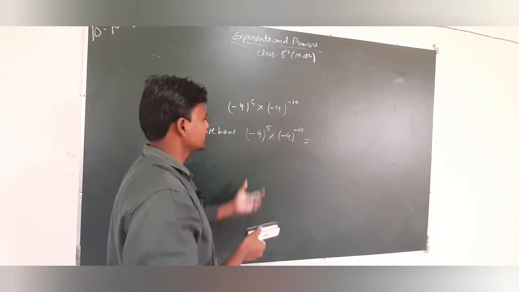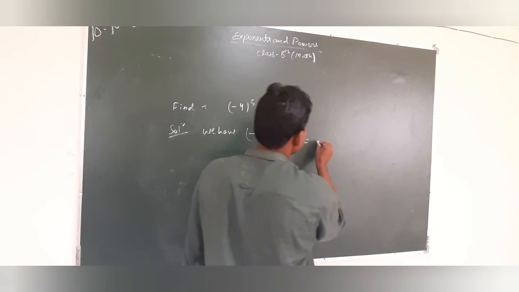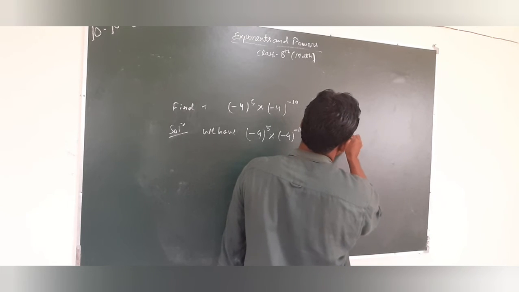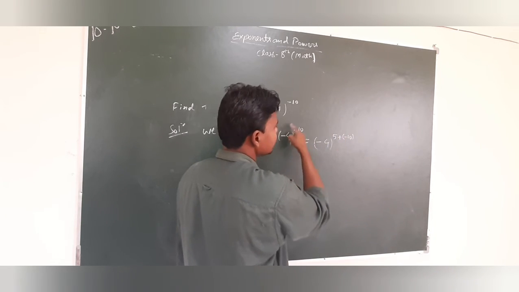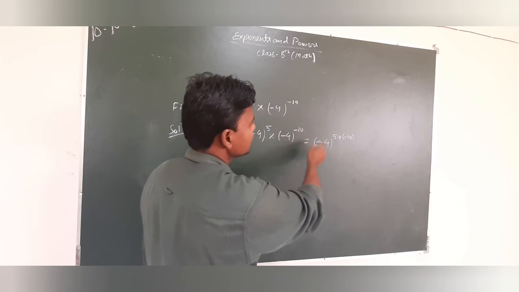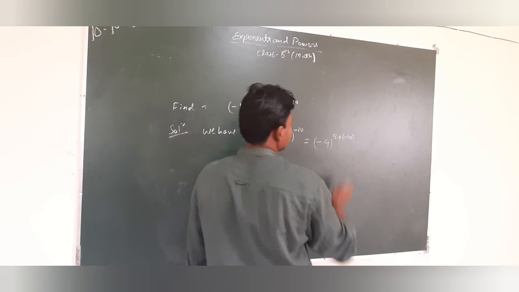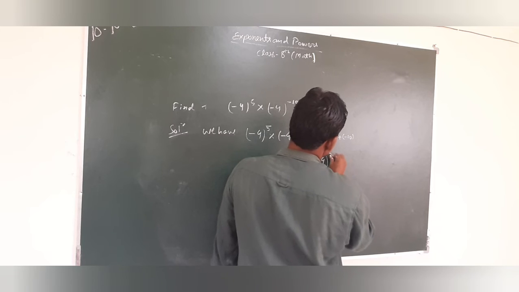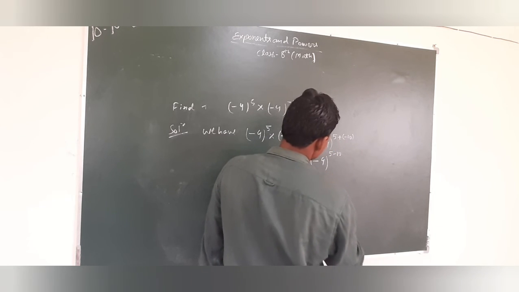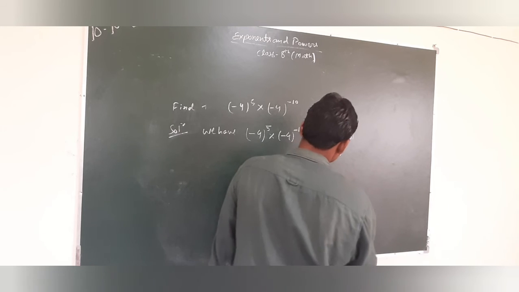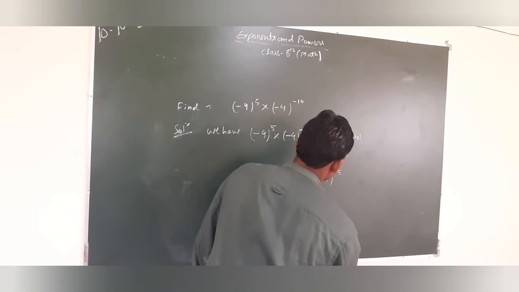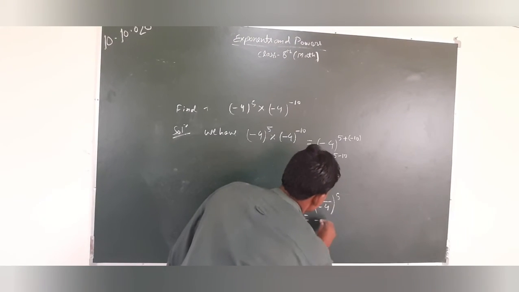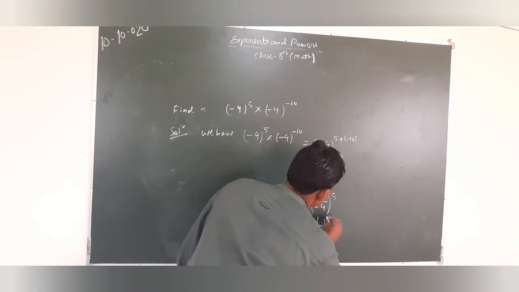In case of multiplication, if bases are equal, we add the power, that means minus 4 to the power 5 plus minus 10, that's equal to minus 4 to the power 5 minus 10 equal to minus 4 to the power minus 5, and we can write minus 1 upon minus 4 to the power 5 or minus 1 upon 4 to the power 5.